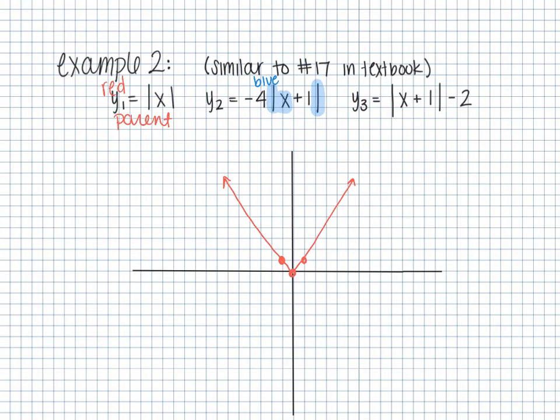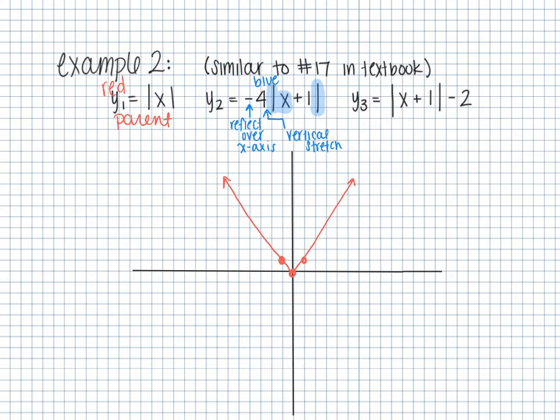So the first thing I have is this negative sign. The negative out front is a reflection over the x-axis because it's outside the function. That 4 is going to be a vertical stretch because that 4 is a number being multiplied and it is outside the function.